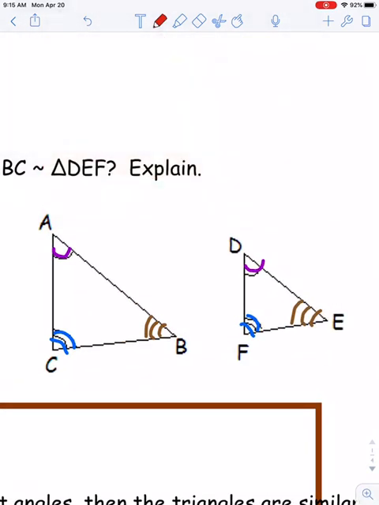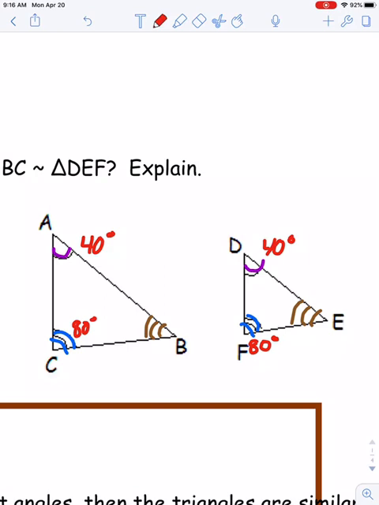How? Let's just make up some stuff. Let's call that 40. So D's 40. If C is then 80, so F is 80.